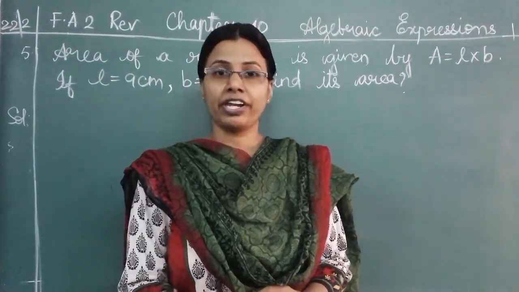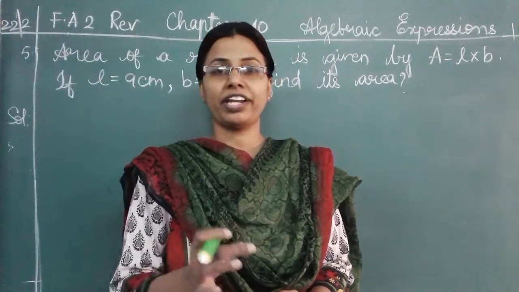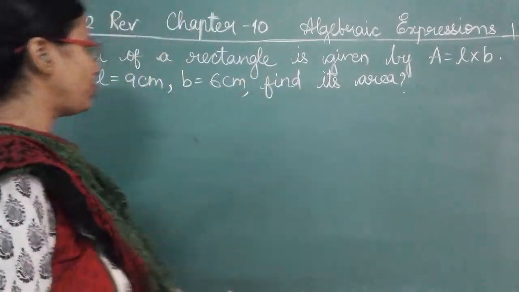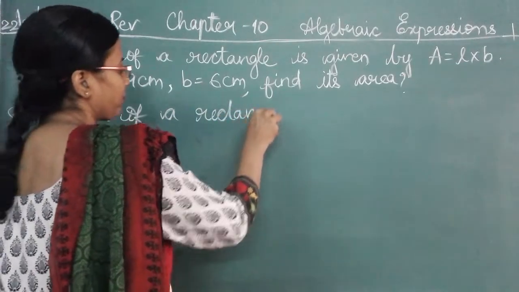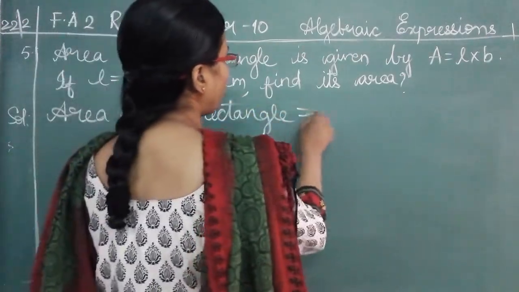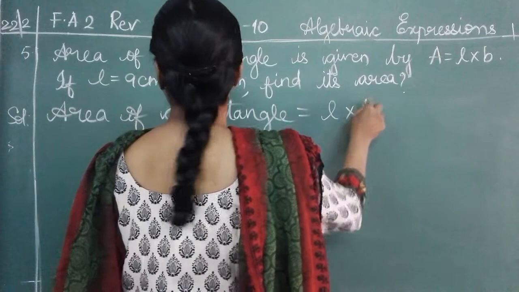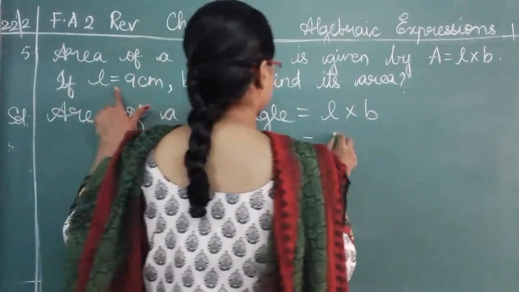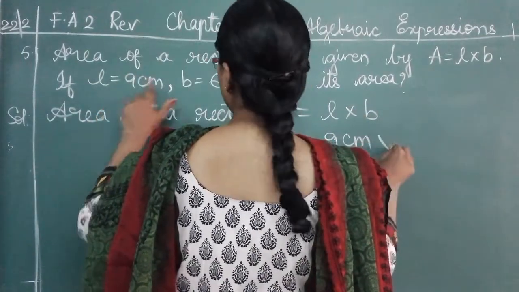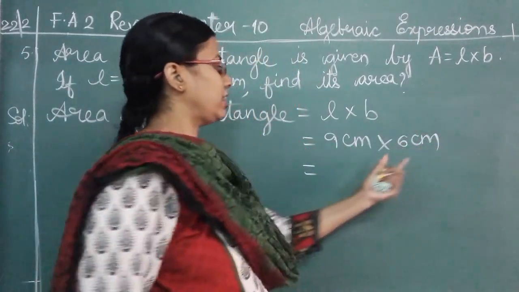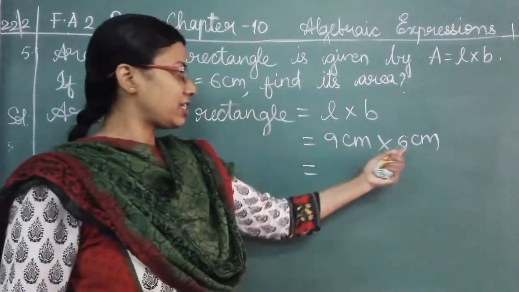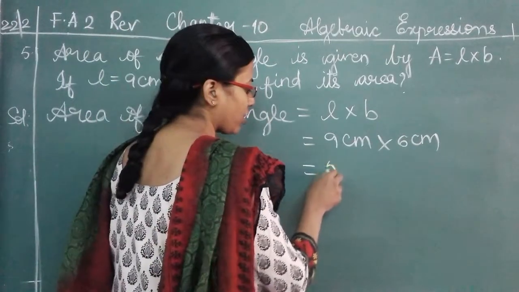We are going to find out the value for the area of a rectangle, which is equal to L into B. L is given as 9 centimeters into B is given as 6 centimeters. 6 9s are 54.